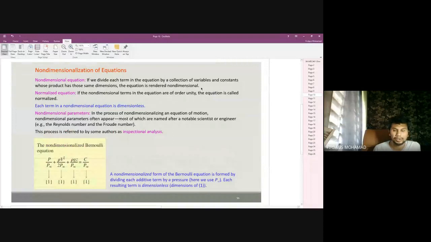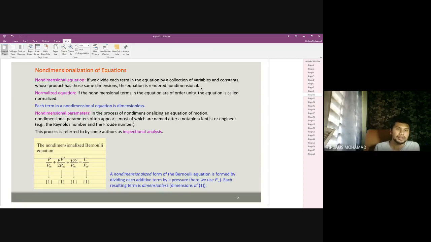Non-dimensionalization of equation. Okay. So non-dimensional is very useful in order to compare between experiment and simulation, ataupun to compare our simulation with others' simulation. Maknanya simulation ataupun eksperimen yang kita buat, kita nak compare graph, kita kena compare apple to apple baru boleh compare.